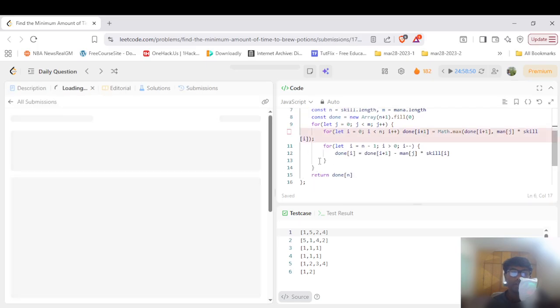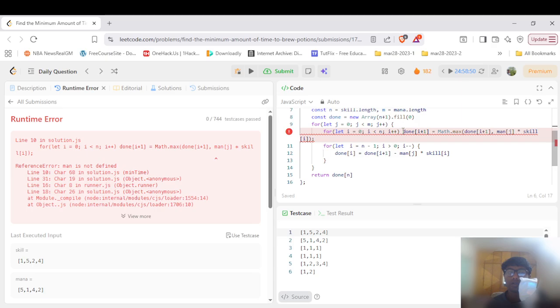While this solution gets executed, okay, let me see.